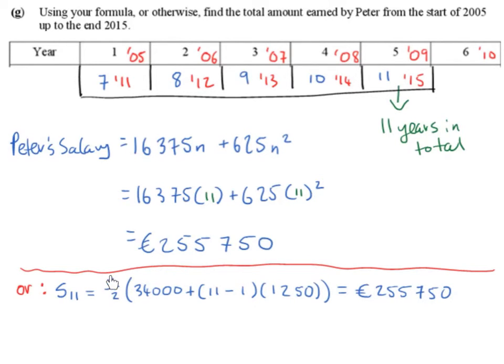So swapping the n for 11, the number of years is 11. The first term is always the A, which was 17,000. So 17,000 times 2 would be 34,000. We would swap the N again for 11 and the common difference of 1,250. And we would still get the same answer.